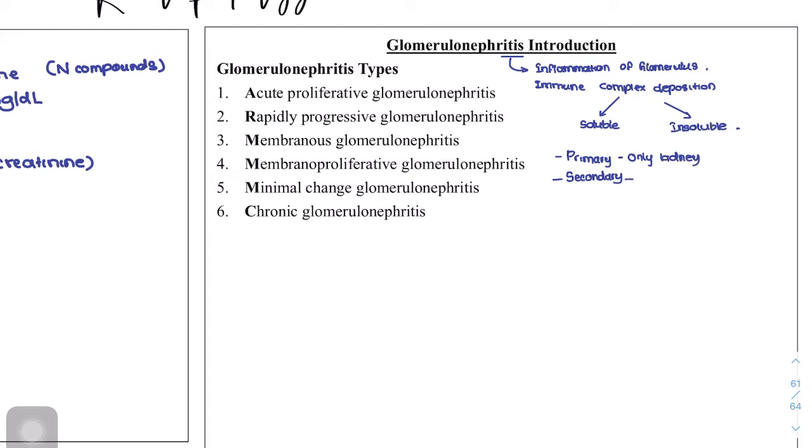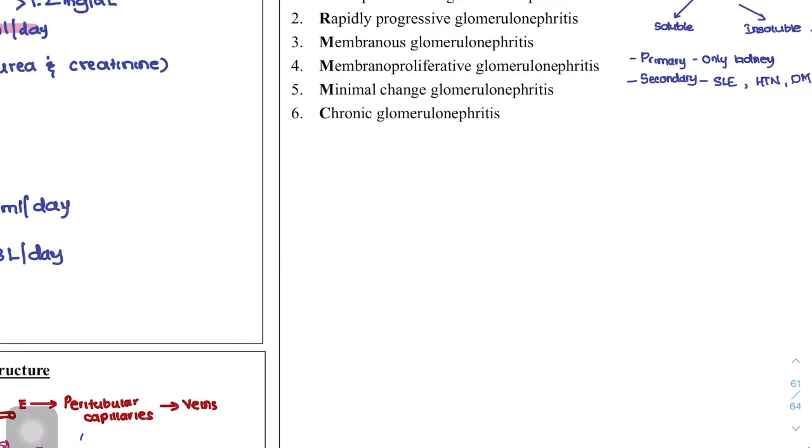But in a secondary disease, it could be due to another condition which affects the kidney. This is probably due to SLE, hypertension, and diabetes mellitus. These are the three common causes of glomerulonephritis as a secondary disease. And I will talk about how the pathogenesis occurs.